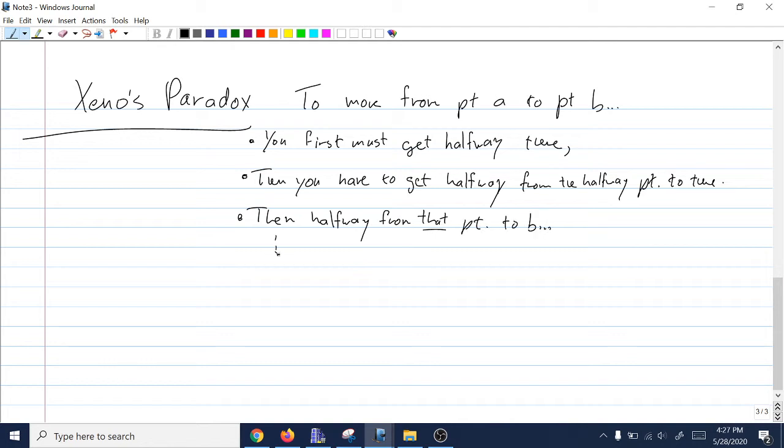And so on. So there's infinitely many things that must happen, and therefore, movement is impossible.